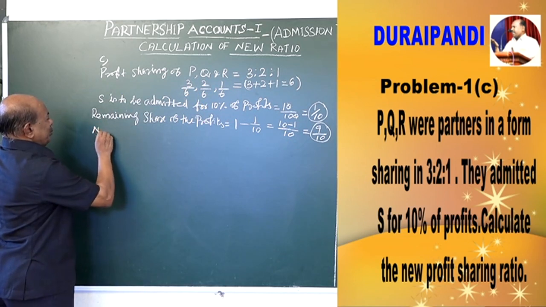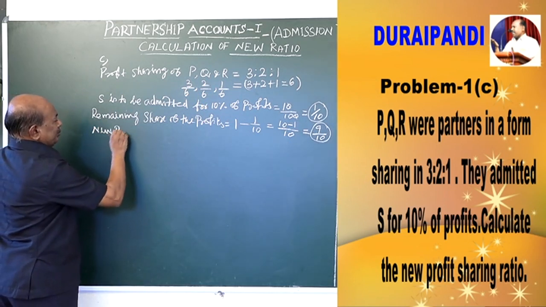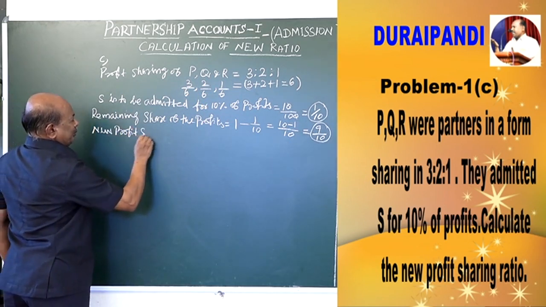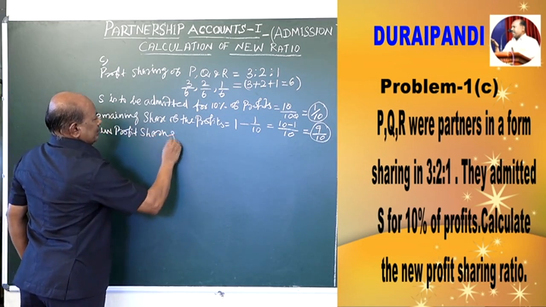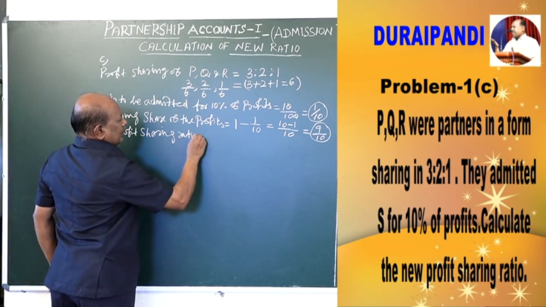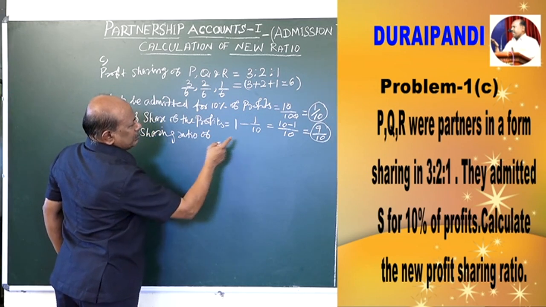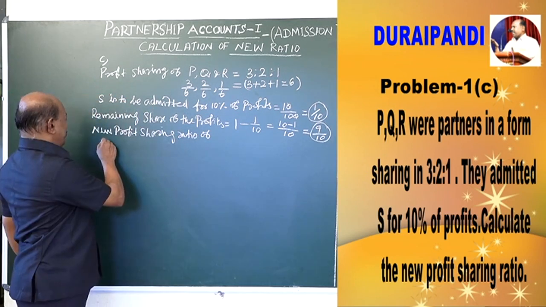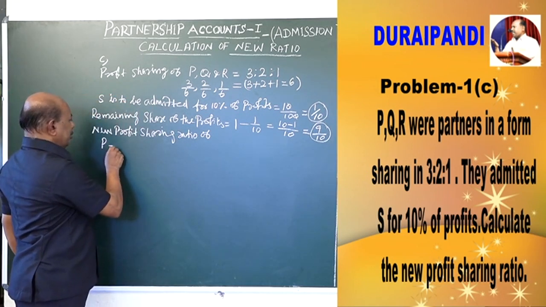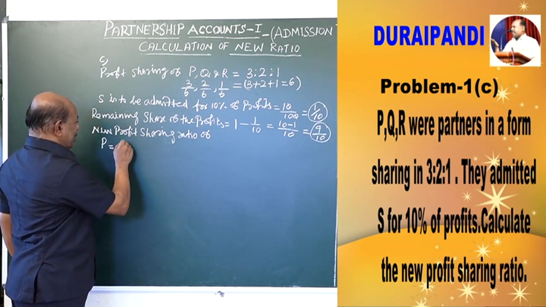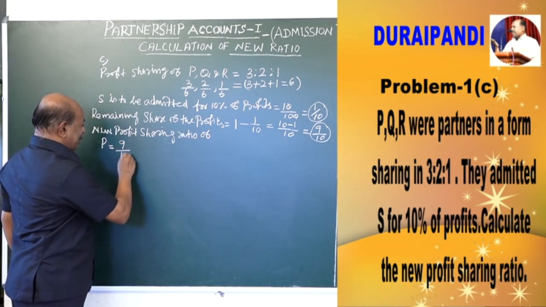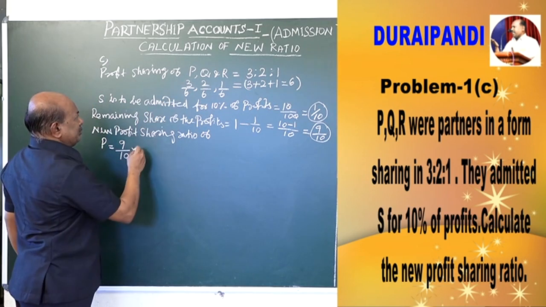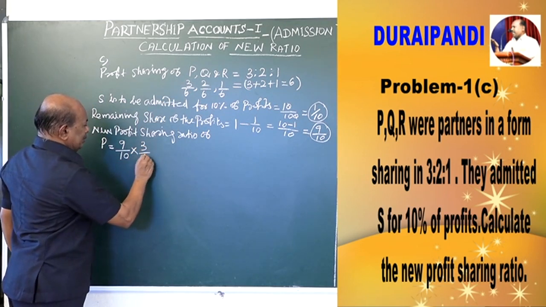Now the new profit sharing ratio. New profit sharing ratio of P equals the remaining share of the firm, 9/10, into his share of profit 3/6.